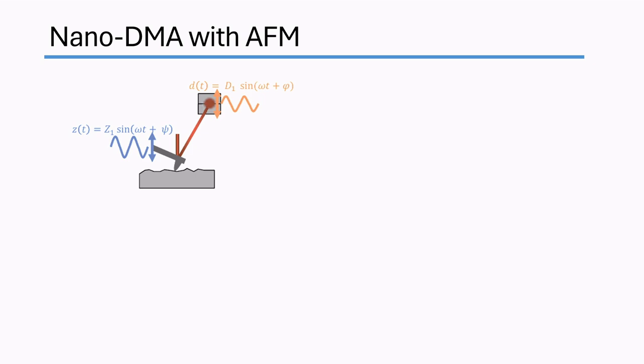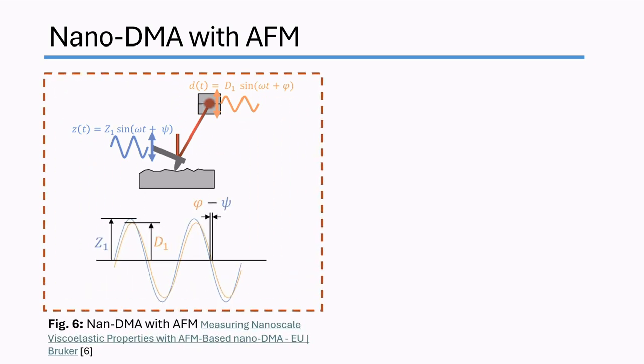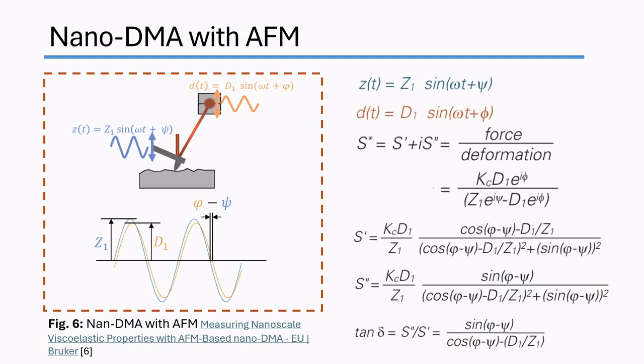So basically, the input response given to the cantilever and the output response, which depends upon the material's interaction with the tip of the cantilever, we get different kinds of response for the input and the output. And this is what is basically being measured and compared to find out the properties like the storage modulus, loss modulus, and the loss factor.